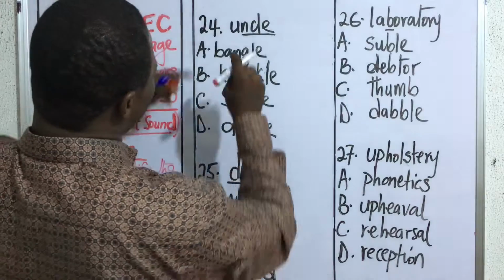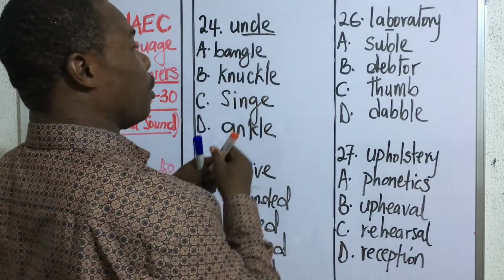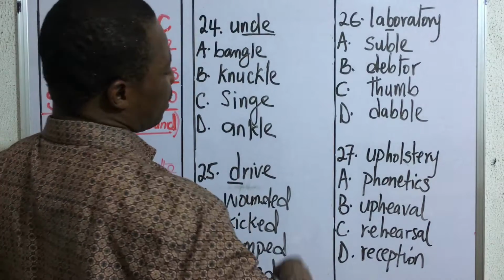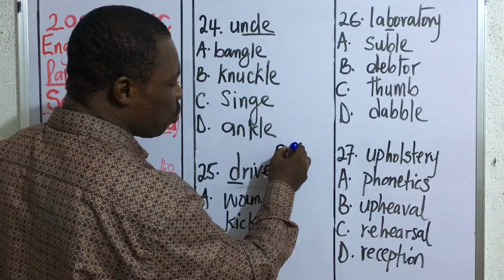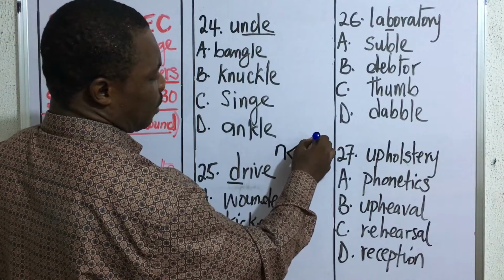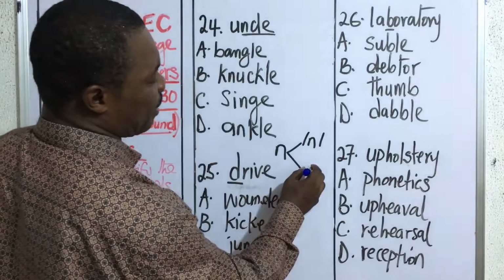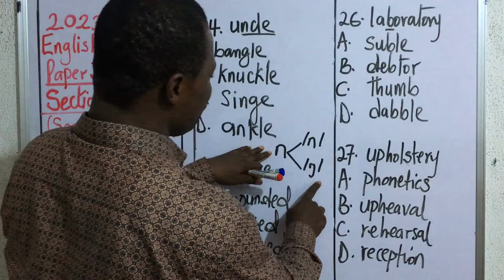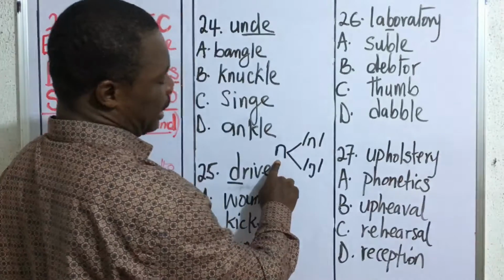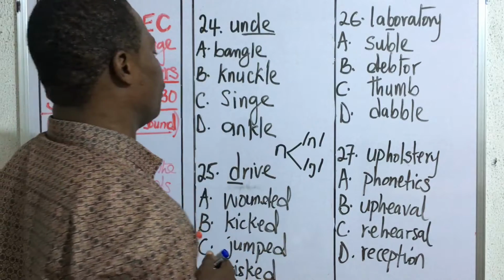Because this very consonant is a very important consonant in oral English. This consonant that you see, consonant N, has two possible sounds. Sometimes it can give you the consonant N, and at some other times it will give you the ng sound. Now the question is, when will the letter N give you N sound or ng sound? Very simple.